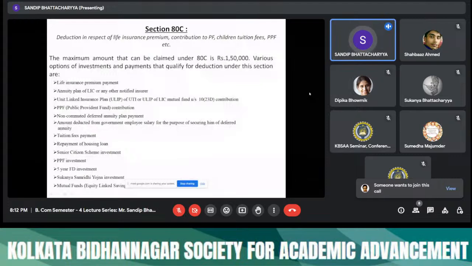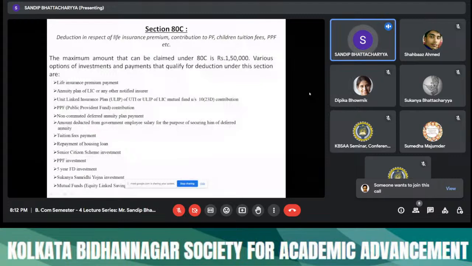senior citizen savings scheme investment, 5 years fixed deposit which is opened in a bank or post office or any other NBFC or any other financial institution, Sukanya Samriddhi Yojana account and mutual fund ELSS, that is equity linked savings scheme.